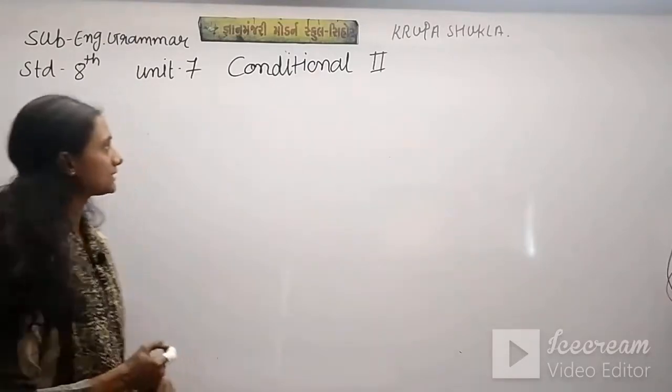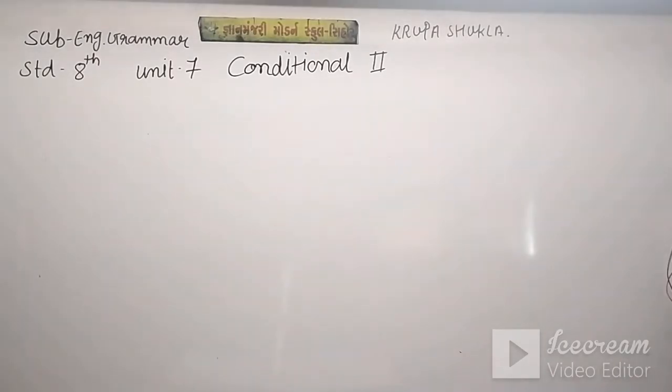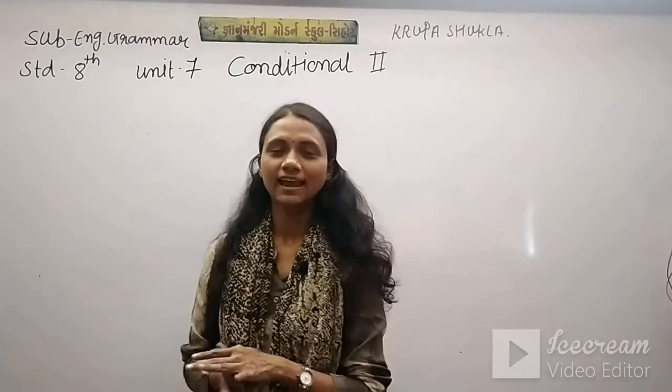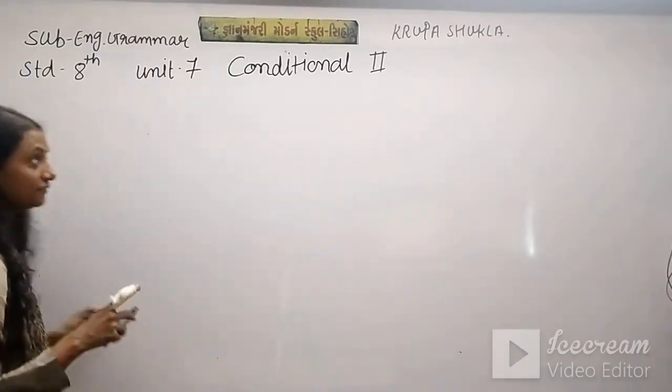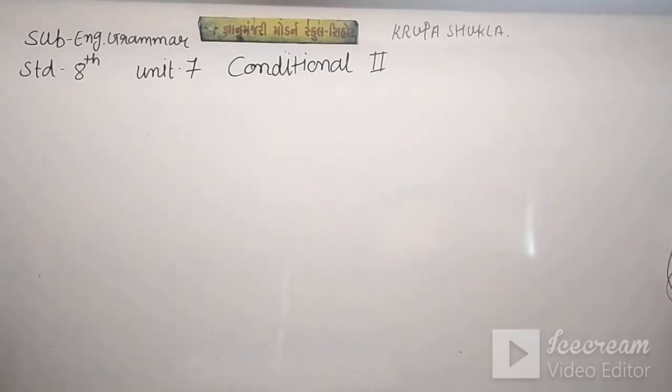So the use of this conditional is... Well students, the first conditional is known as the probable conditional, and this conditional is known as the improbable conditional. And why improbable, I will tell you.